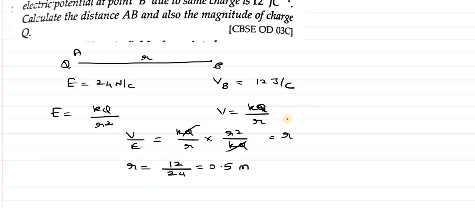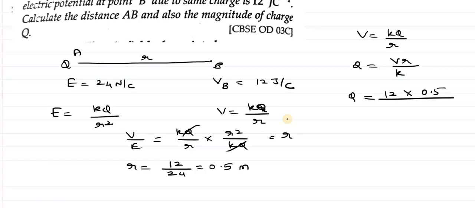Next, they also ask you to find the charge value. V equal to KQ by R. So charge means VR by K. So what is V? V is 12 and R is 0.5 divided by K value is 9 into 10 to the power 9. So this is 4 by 3.